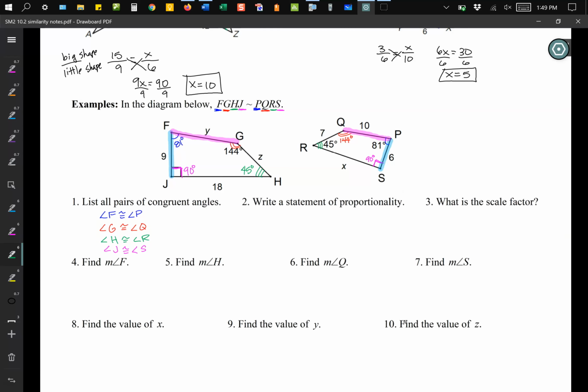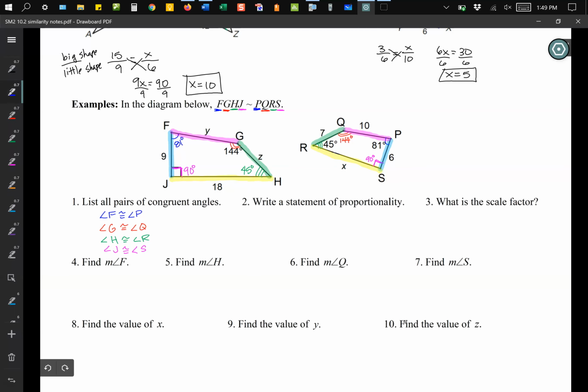And between 2 marks and 3 marks, 144 and 45, those match. And between the right angle and the 45 degrees, those match. So that's one way to do the statement of proportionality.